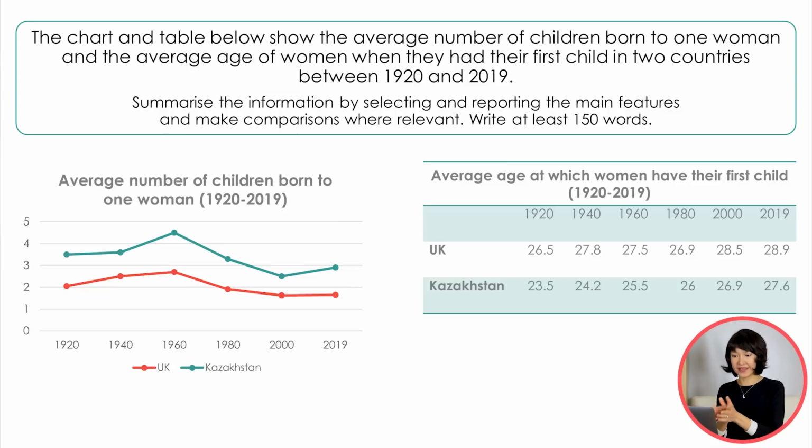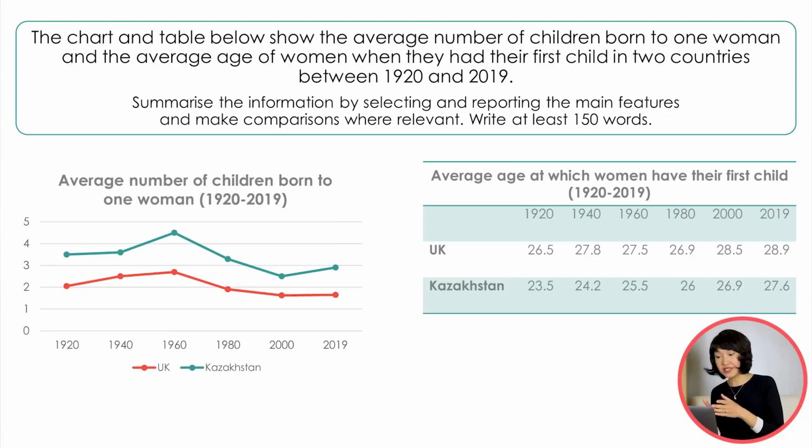Also, let's compare the beginning of the period with the end. We can see that, yes, women had more children in their 60s and then it went down. So today, women have fewer children than in the past. And it's true for both countries. Now let's have a look at the table.